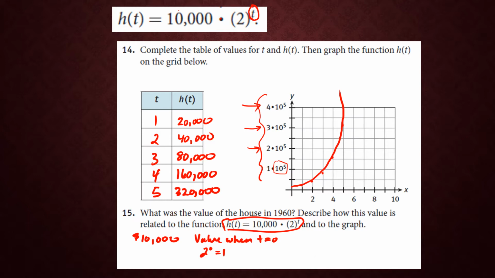And on the graph, it is the y-intercept, because it's when the decades was 0, the value was 10,000. The starting value of the exponential function.